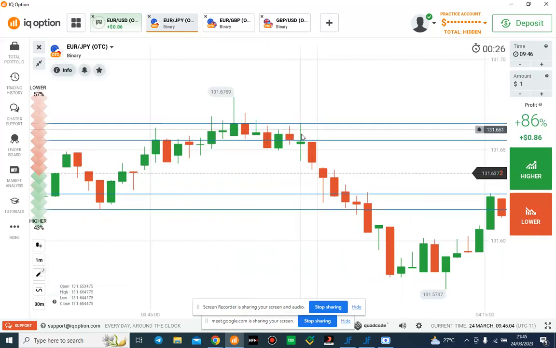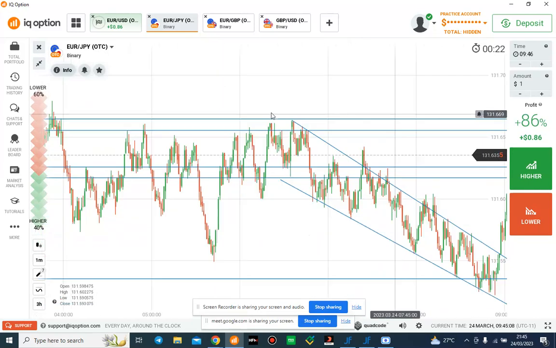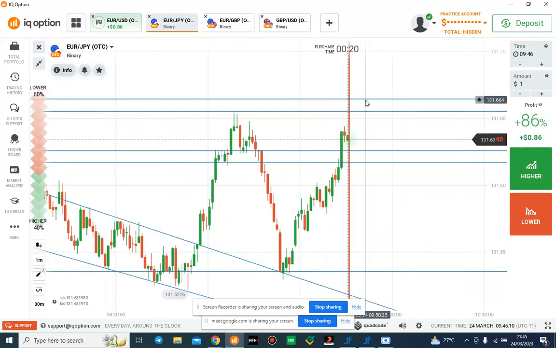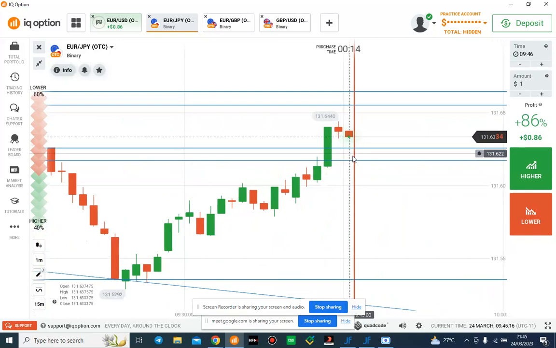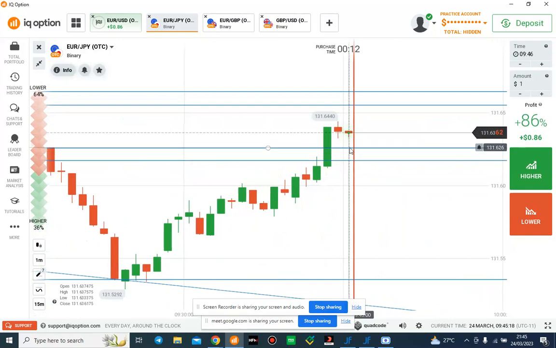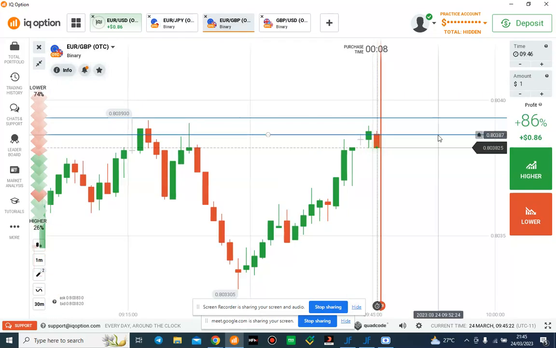Okay, the price rejects from here, the market goes down. So which means the market closed inside the zone, we expect sellers' entry. Or if the market comes back to this zone and rejects, we expect buyers' entry. Either way, let's see.